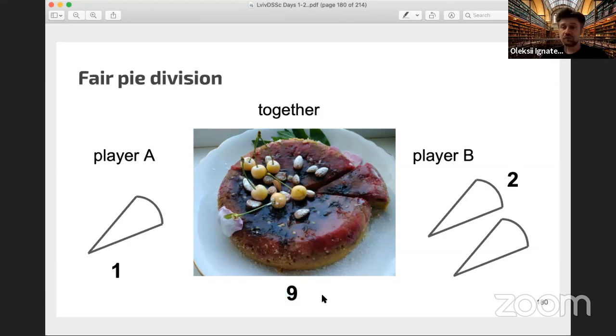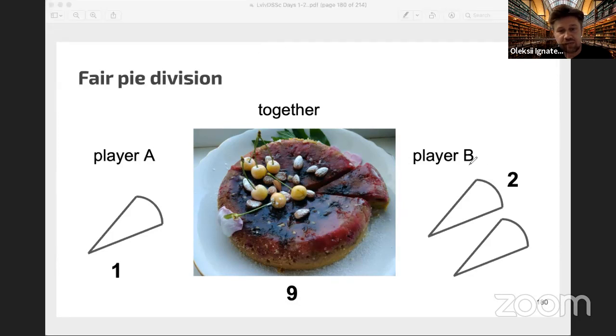So how should they divide this 9 between them? Well, they can propose, for example, equal division, or they can propose proportional division. But the problem with equal and proportional division is that they have a problem. For example, suppose that player B can make alone not 2, but 5 shares.